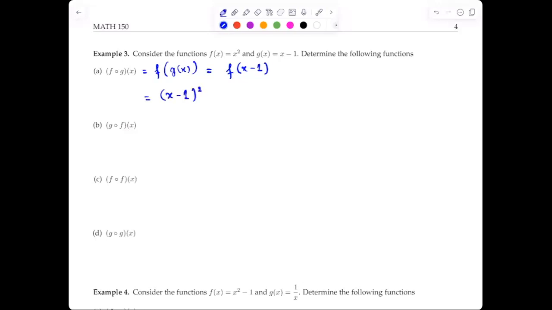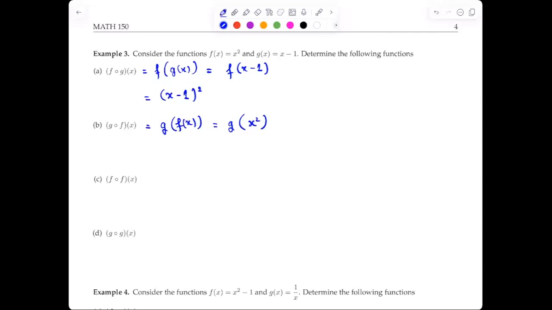Now for g circle f of x, this is g of f of x. f of x is equal to x squared, so you remove f of x and replace it with x squared. g of x is equal to x minus 1.